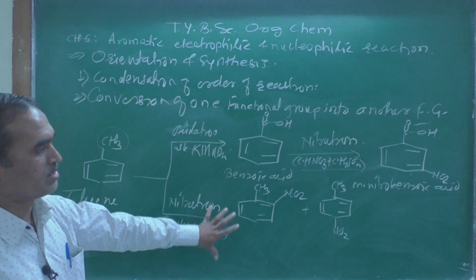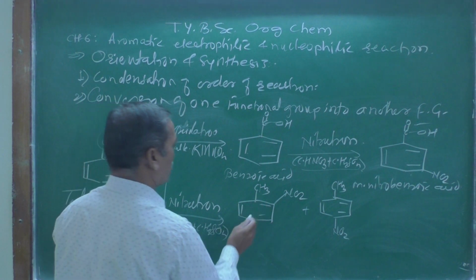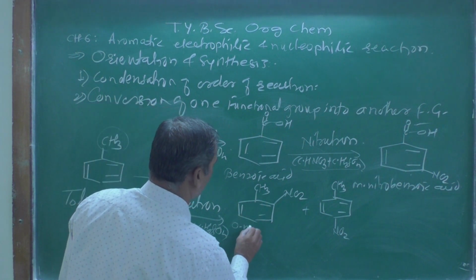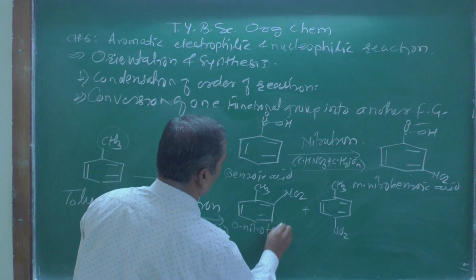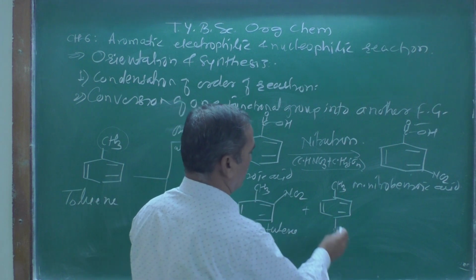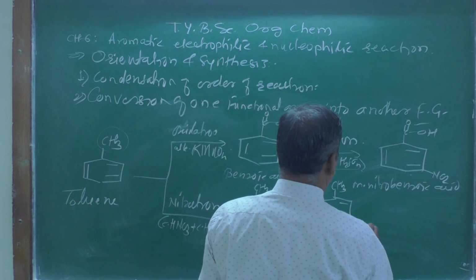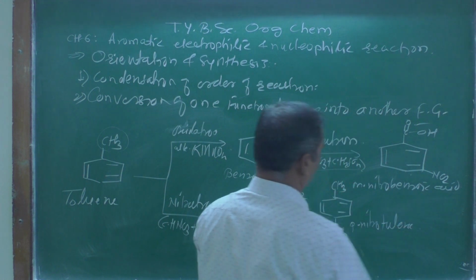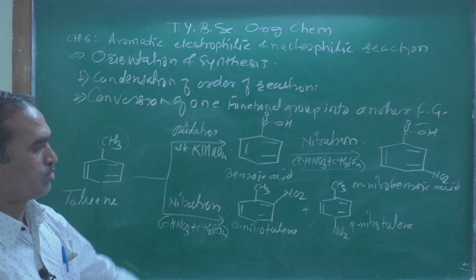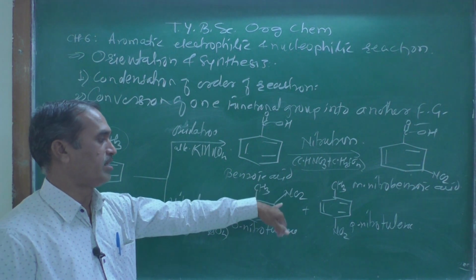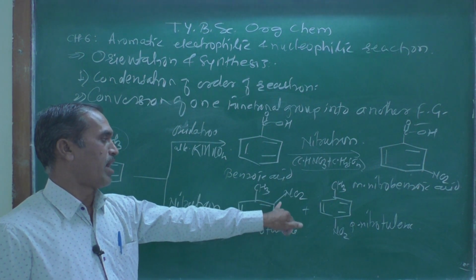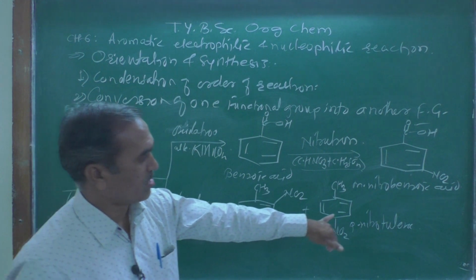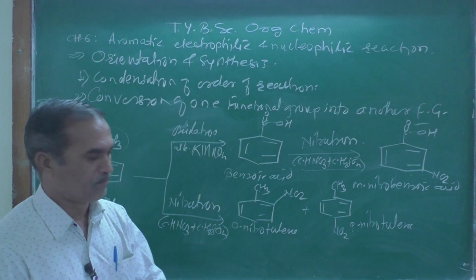The first product is orthonitrotoluene, and this is called para-nitrotoluene. This is the second product we got. Either you can say it is 2-nitrotoluene, or you can say 4-nitrotoluene.